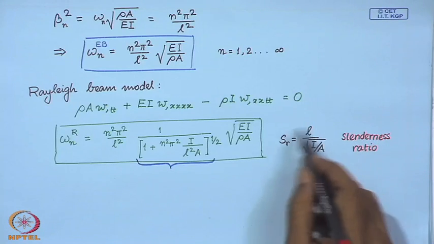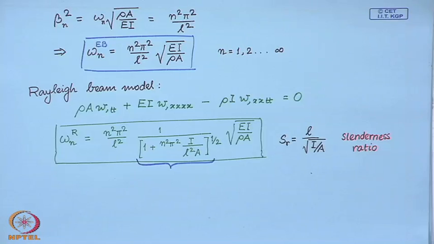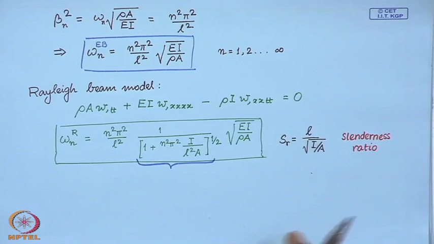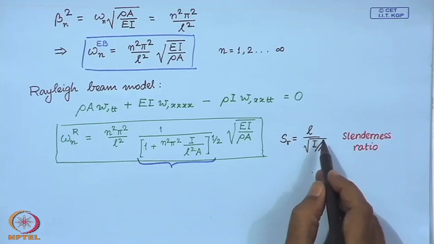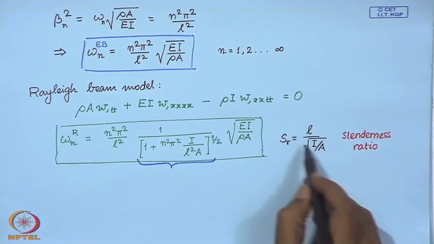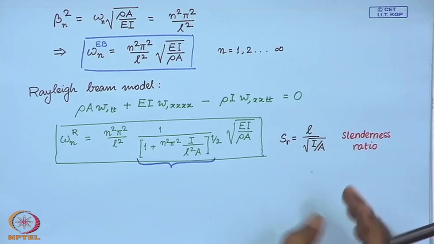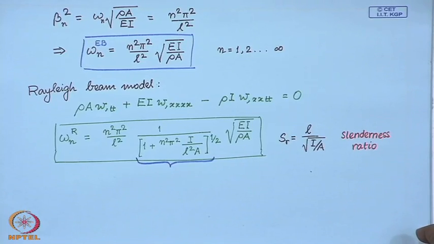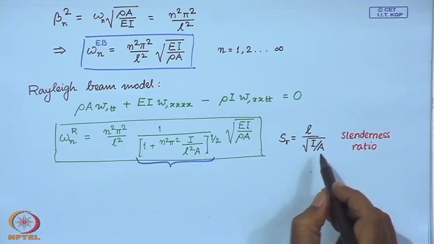So, it indicates how slender the beam is. If the slenderness ratio is very high, the beam is very slender, so the length is much larger than the dimensions of its cross sectional area.